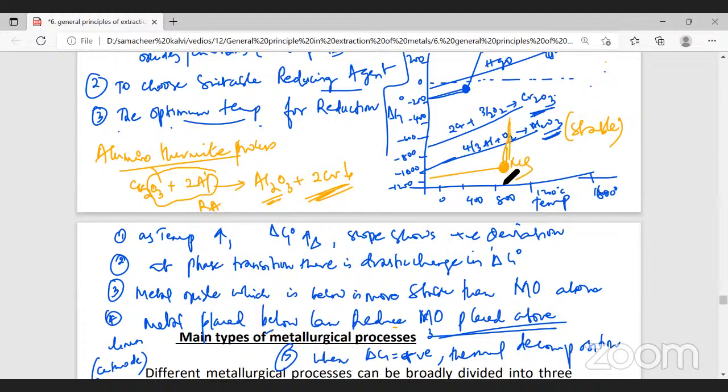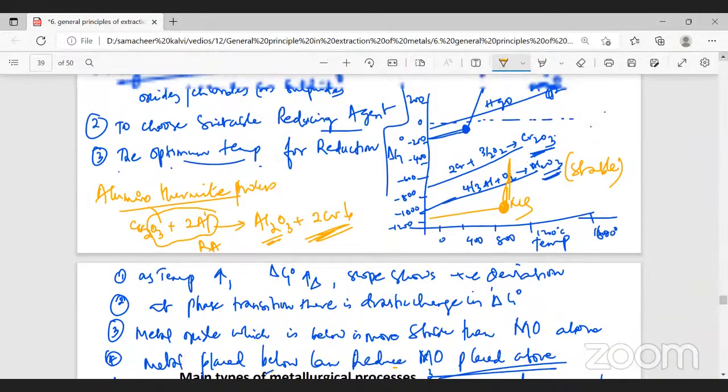The transition temperature of magnesium is low. So any metal which is placed below can be used as a reducing agent for the reduction of the metal oxide which is placed above. We have to learn the Ellingham diagram more specifically with respect to iron, copper, and zinc. We will learn that in the next class.